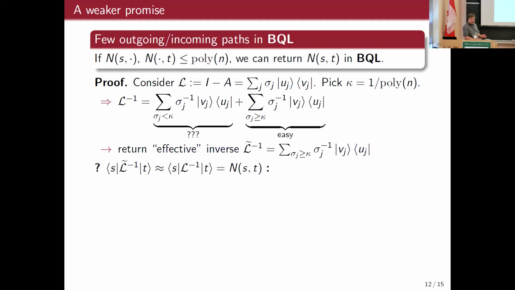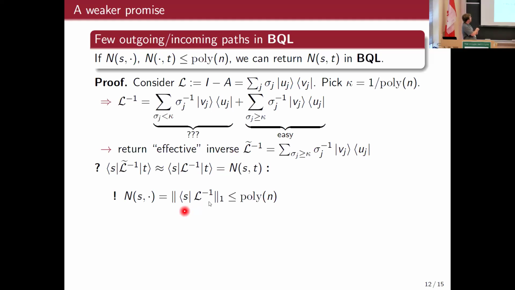And intuitively, this is not obvious at all, because the smallest singular values of L, of course, correspond to the largest singular values of L inverse. So we are really leaving out the most important part. But it turns out to be okay. And why is that?